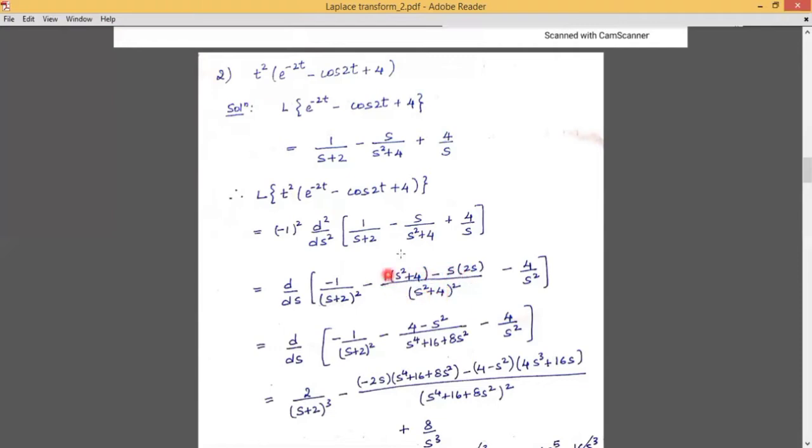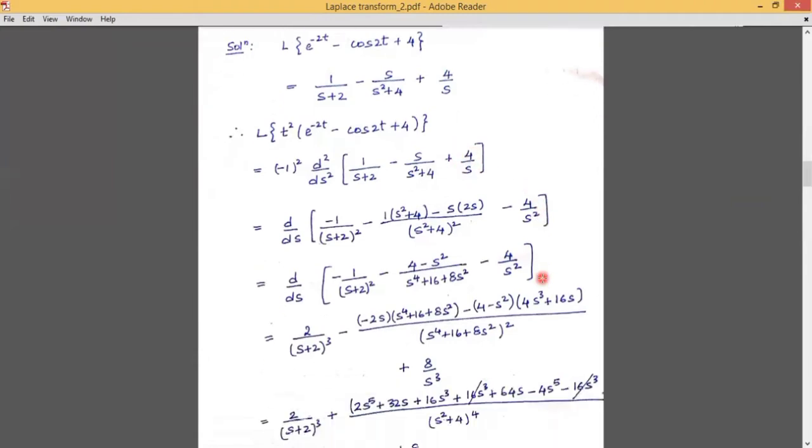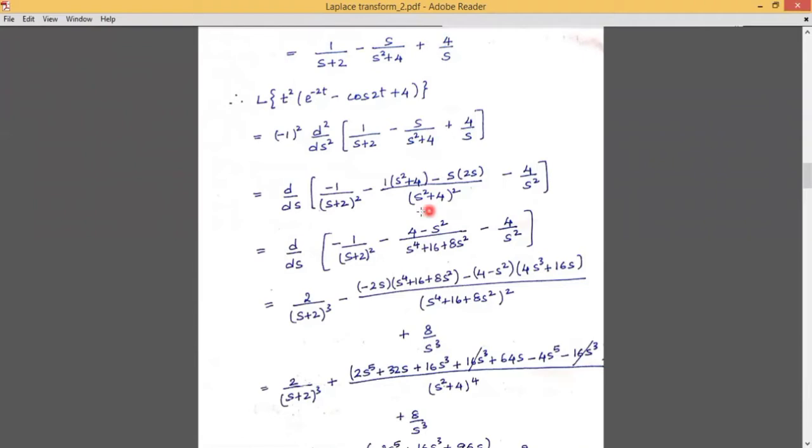So u dash, the derivative of s, is 1. U dash v is s square plus 4, minus u is s, v dash is 2s, divided by v square, which is s square plus 4 whole square. And the derivative of 4 by s is minus 4 by s square. I have just expanded this and simplified it.